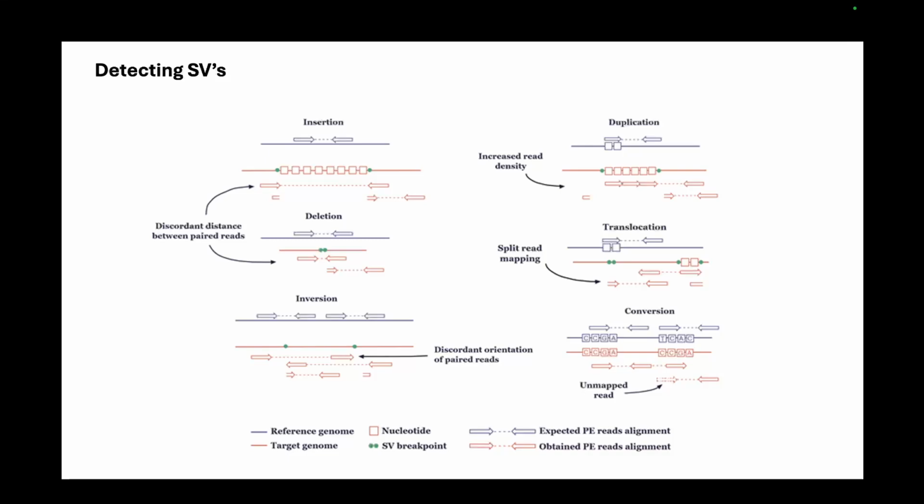Say for example, let's assume that you have only one read that has been generated from one part of the genome. Now, when you are doing sequence alignment, the whole read is not aligning to one particular area of the genome. One part of the read is aligning somewhere else, and the other part of the same read is aligning somewhere else.